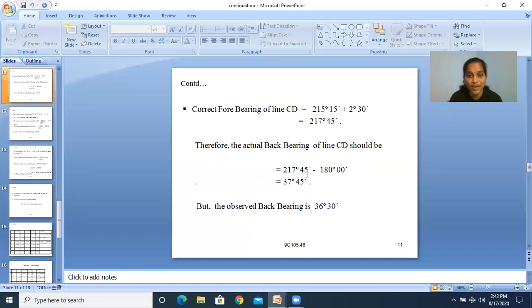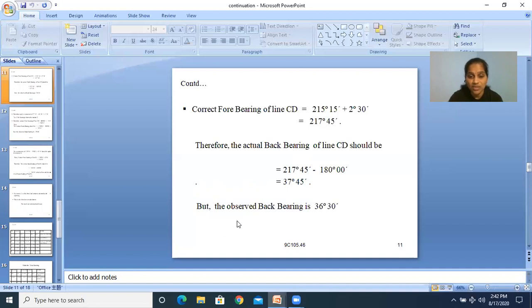So the correct forebearing of line CD is the observed plus the error, 217 degrees 45 minutes. Therefore the actual back bearing of line CD should be forebearing plus or minus 180: 217 degrees 45 minutes minus 180 degrees, that is 37 degrees 45 minutes. So this is the forebearing of line CD and this is the back bearing of line CD.